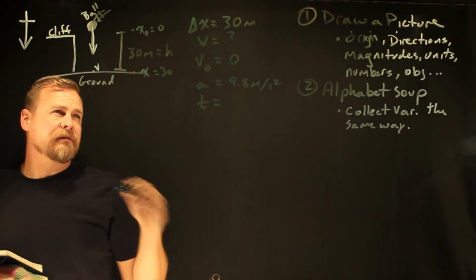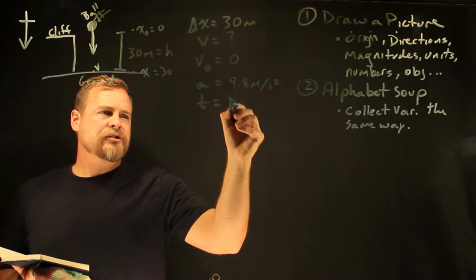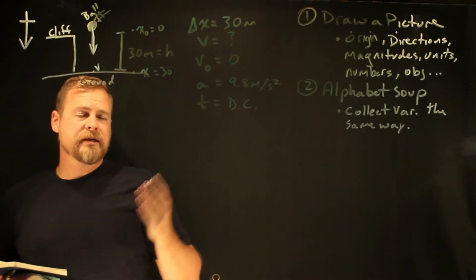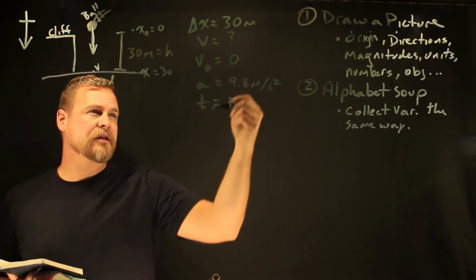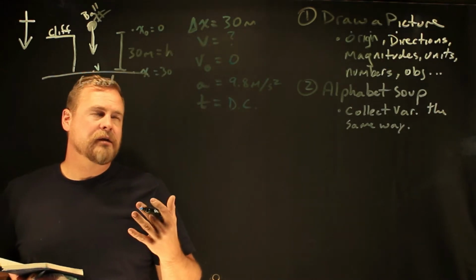The time is not given. I'm just going to leave it blank for now. It's possible that I just don't care about time, so don't freak out. Okay? I might be asked to find time. I could be asked to find time if I had this distance, this acceleration, this starting velocity. You could start to think about those kinematic equations.